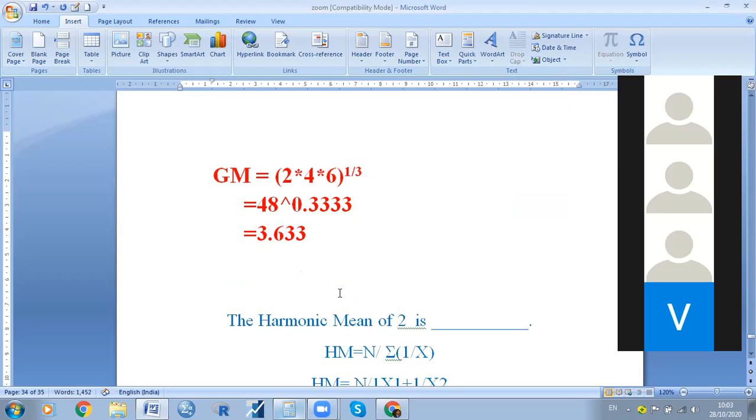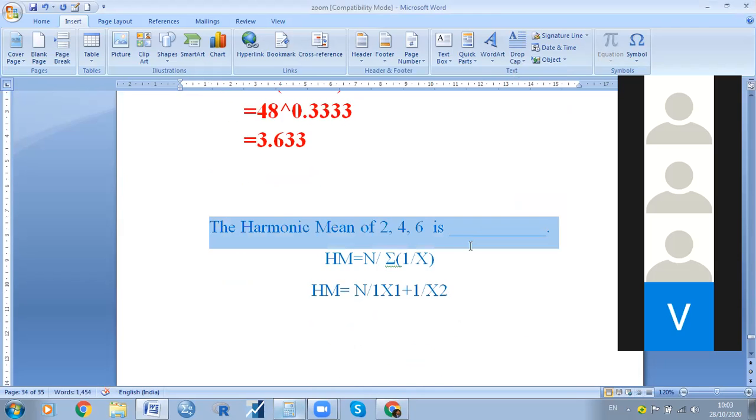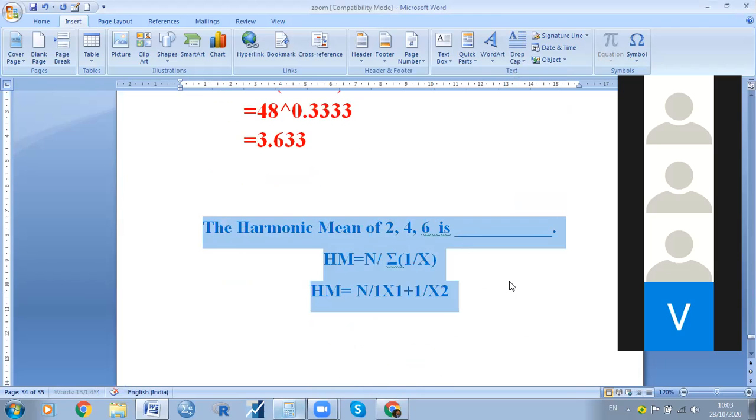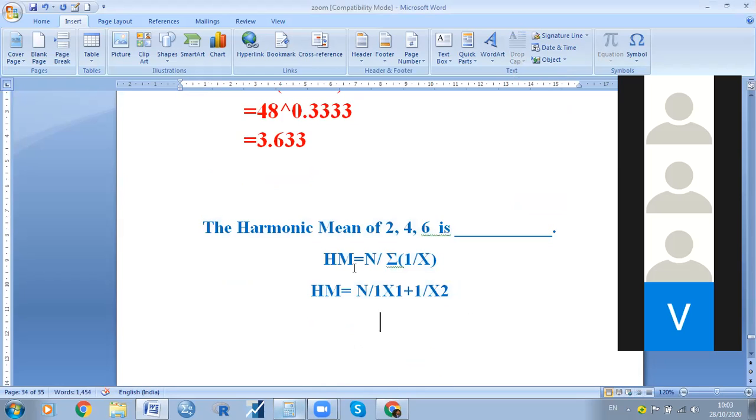Now the harmonic mean of 2, 4, and 6. See the harmonic mean formula: n divided by the sum of 1 by x.